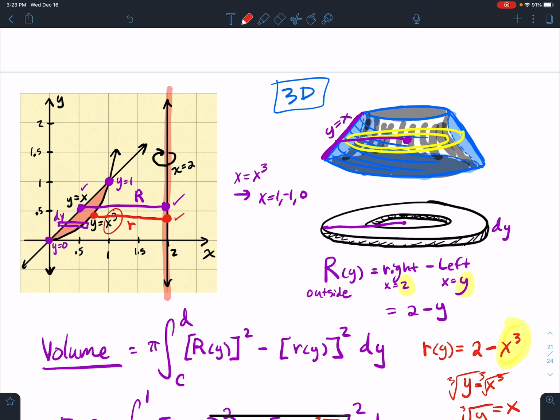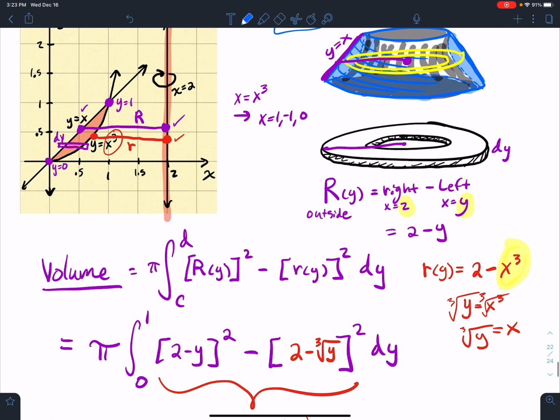You find the outside radius disk, and then you subtract away the inside radius disk. And when you subtract that away, what you have left is the washer. So it's literally you're just doing the disk method twice to get the volume of the washer. All right, so no big deal.